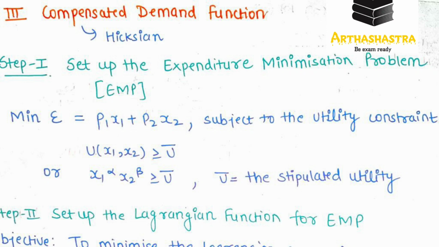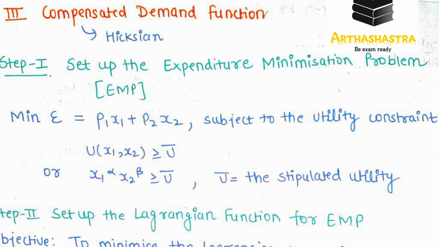Okay, so the procedure for finding out the compensated demand function is more or less the same. The only difference is that in ordinary demand function we set up the utility maximization problem, while in Hicksian demand function we set up the expenditure minimization problem. See, there are two things when we are talking about consumer theory.